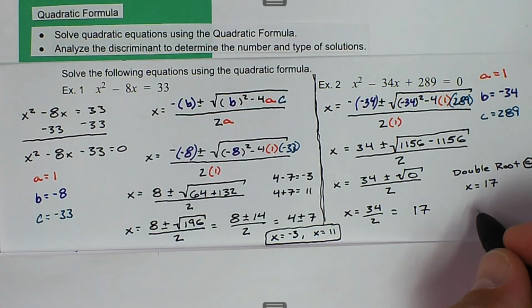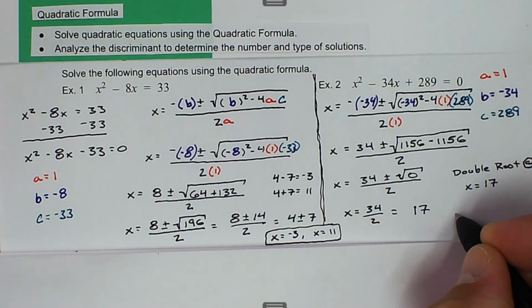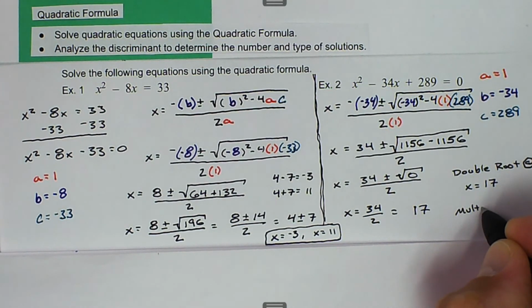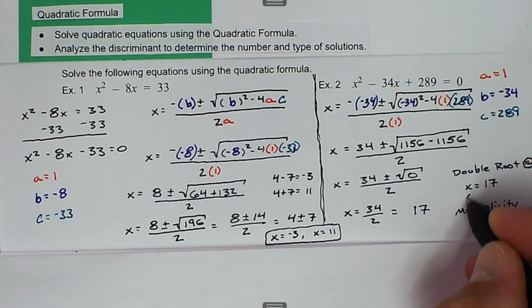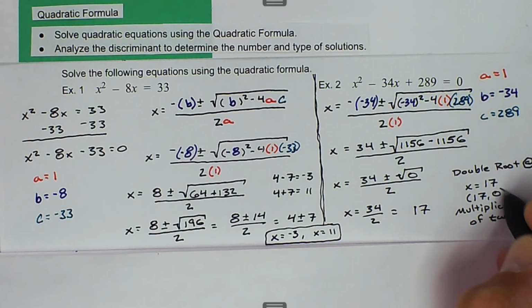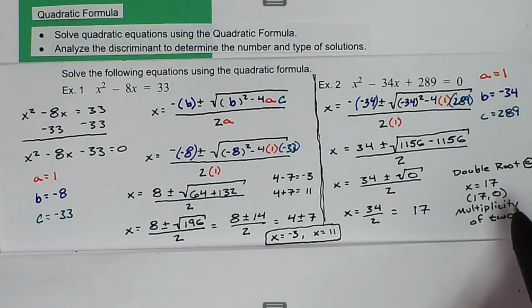Another way that we say that is a multiplicity of 2. And so x equals 17 is our solution there.